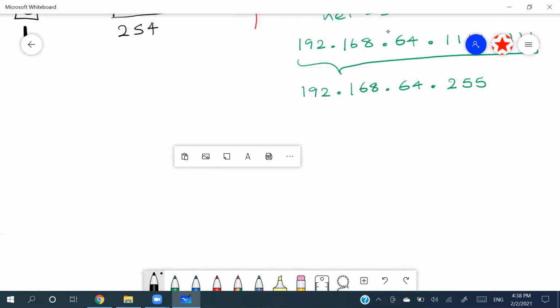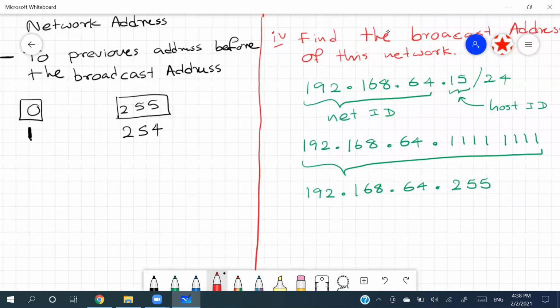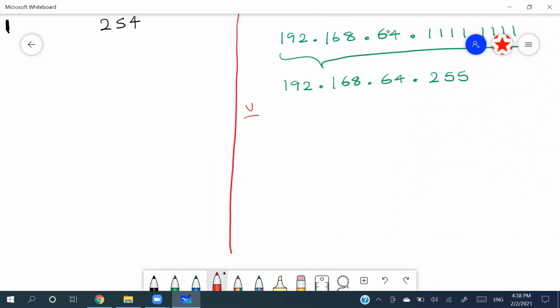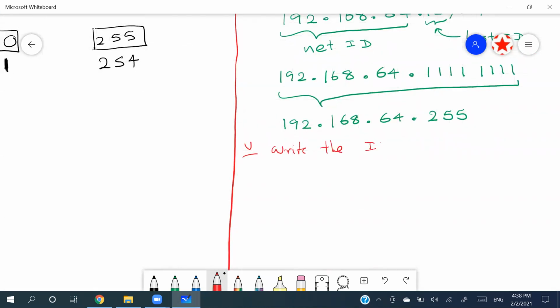Right, so I am extending the question. So it is going to be the 5th question. Write the IP range and usable IP range of this network.